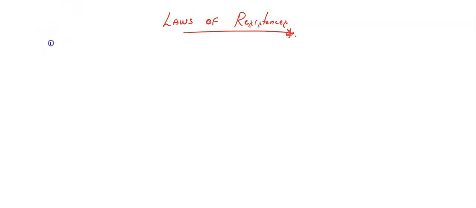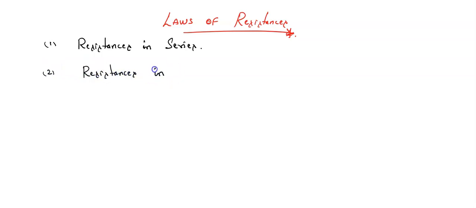The first is the law of resistances in series. The next case is resistances in parallel; this is the second law. I hope you have understood. We have two laws. One is resistances connected in series, and the other is resistances connected in parallel.